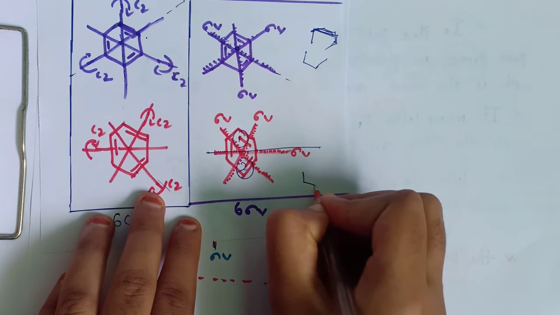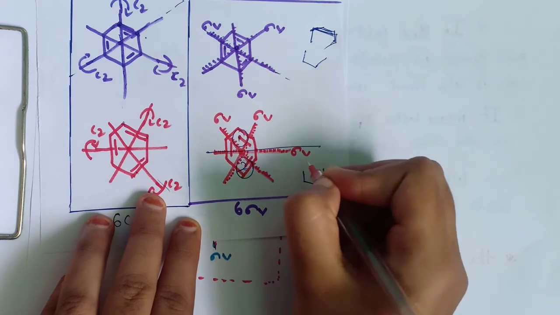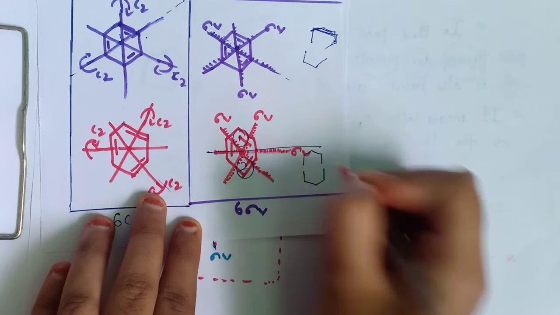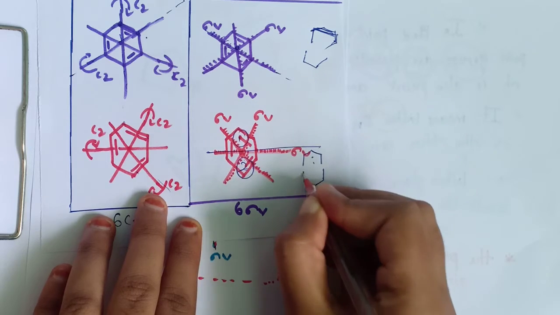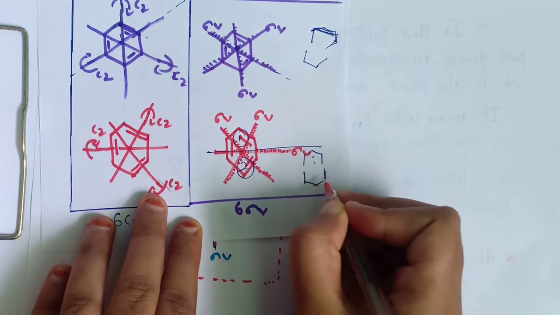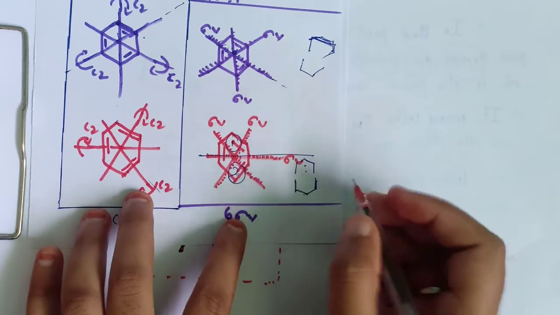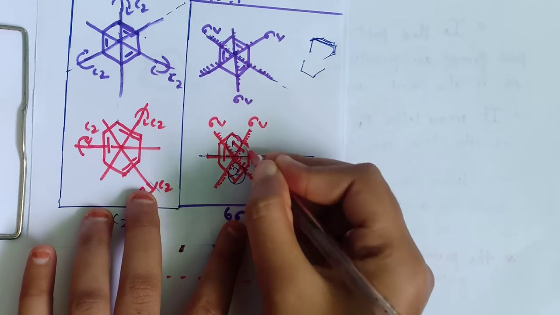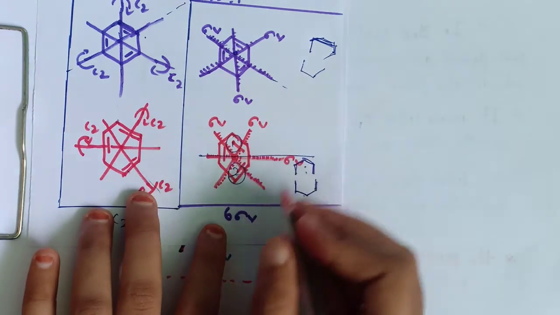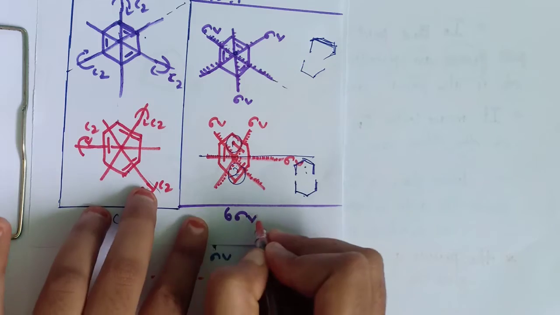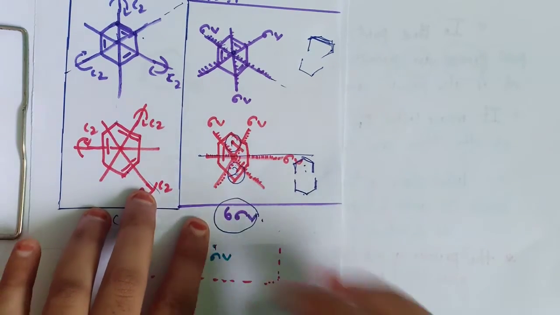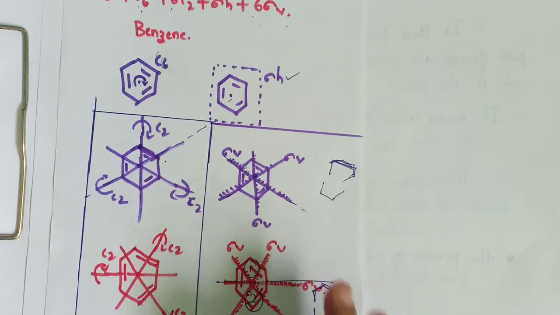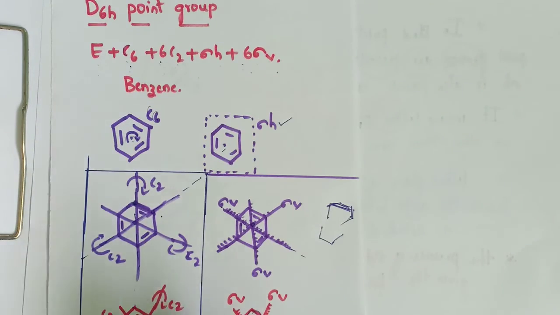These two are the mirror images. If you keep this structure in the mirror to observe, we will obtain the structure like this. So these two are the mirror images of each other, so it also has sigma V. So a total of 6 sigma V are present in benzene. So for the D6H point group, the example is benzene.